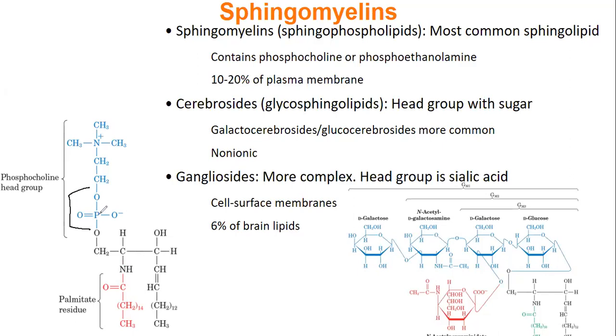In our previous slide, we saw that this was an OH at carbon 1. Here, we're replacing that OH and putting a big old phosphocholine group, where we have the phosphate and choline. So again, that's why I want us to know what these head groups look like so we can easily point them out.